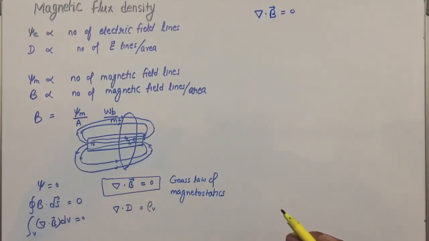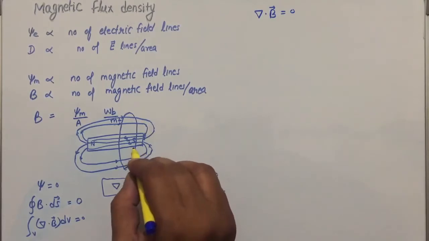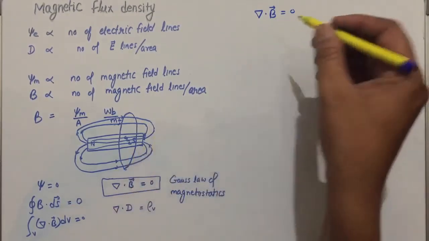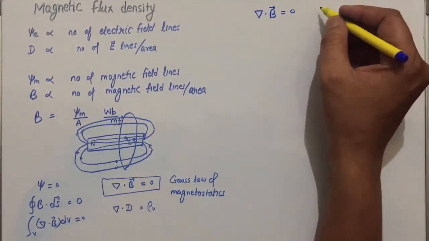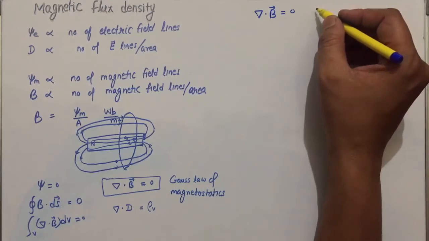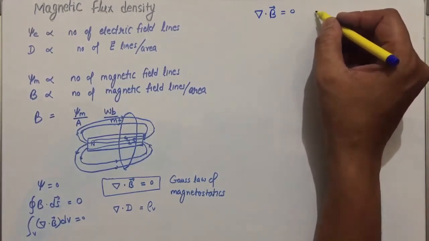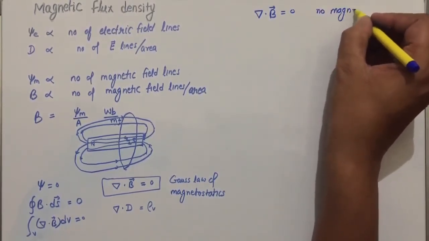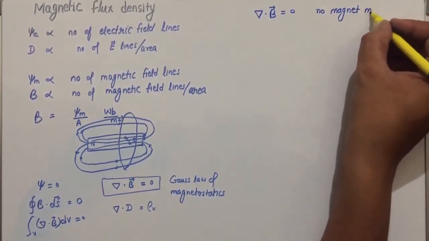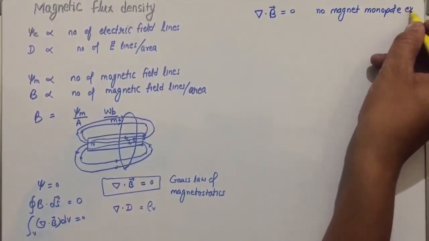So due to this we can say the monopole does not exist in a magnet. So we can say no magnetic monopole exists.